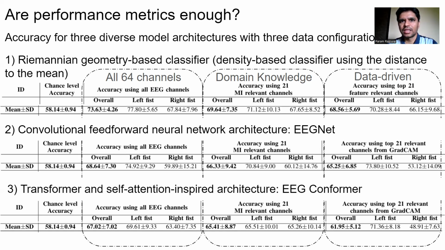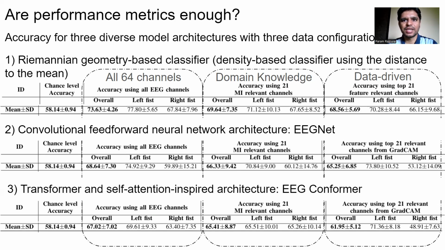It is known that the 21 channels positioned near the motor cortical regions, especially central, frontal central, and parietal regions, are considered important to record activity during motor movements and imagery.